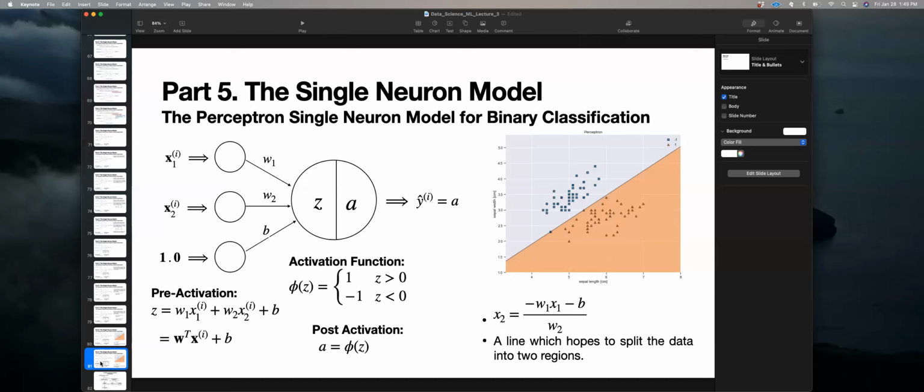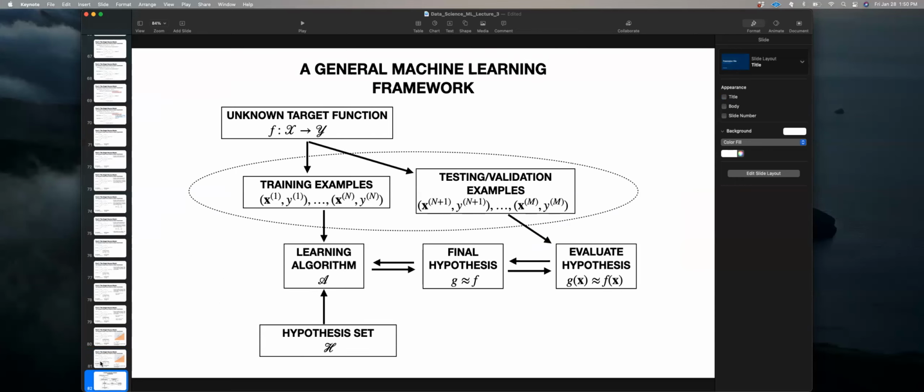For any choice of the weight vector and the bias term, and there are infinitely many choices, these are real numbers. Looking back to our framework, the hypothesis set in this model consists of all possible combinations of weights and biases. So what we're really doing when our algorithm is dipping into the hypothesis set is searching through all those weights and biases for the best ones that we can find to approximate the training data that we're using.